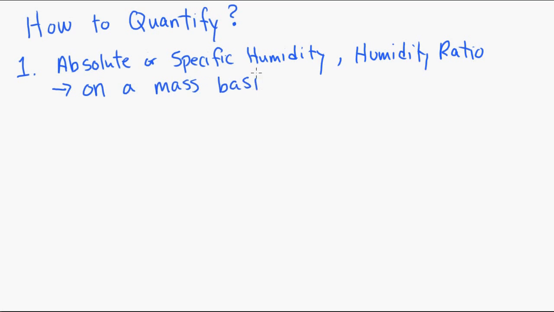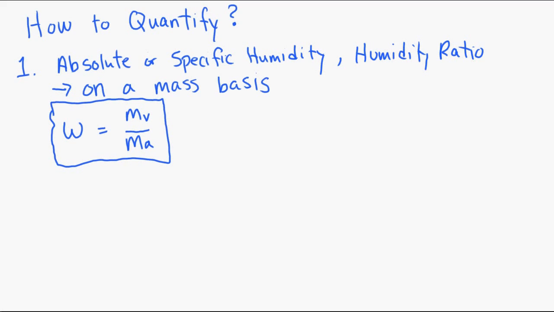This is done on a mass basis. We use the symbol omega, small omega, and it's the mass of the water vapor divided by Ma, the mass of air. Humidity ratio is the mass of water vapor divided by the mass of air.